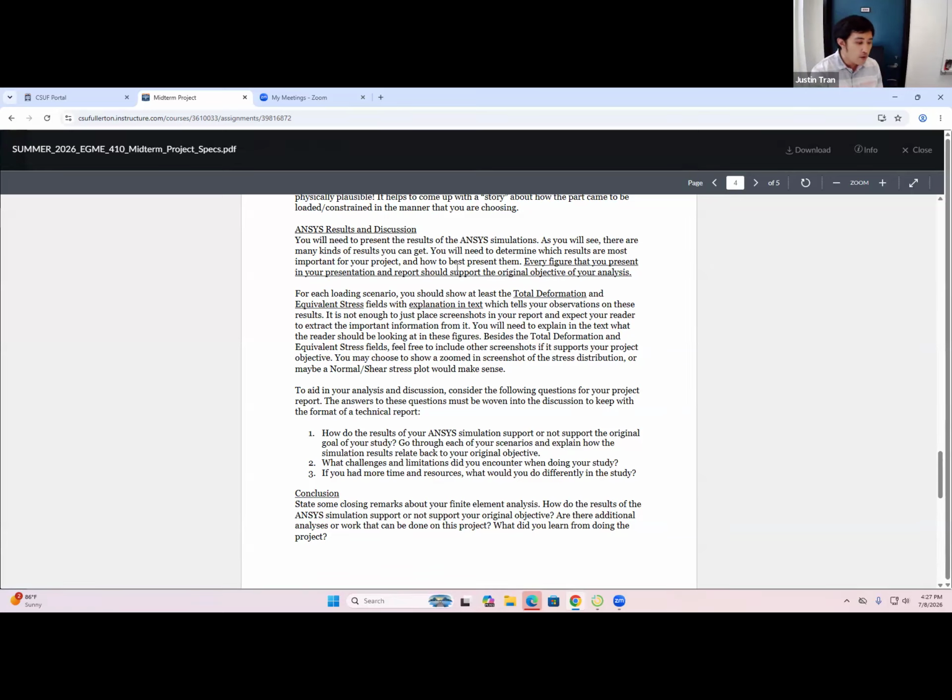For example, in activity 2, we were interested in stress analysis, in finding out whether our bike crank was going to fail under the conditions that we gave.